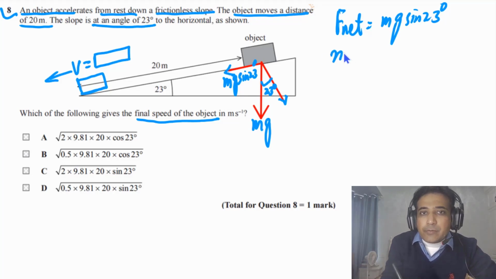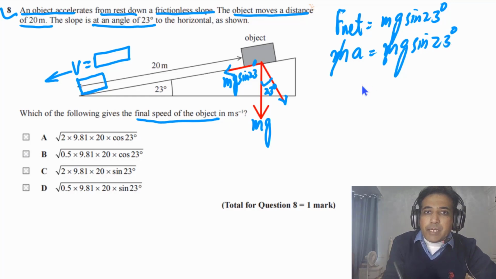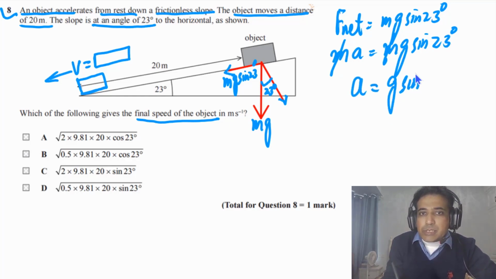So from here we can find the value of a. We can say ma is equal to mg sine of 23 degrees. We can cancel m with m, so a is equal to g sine of 23 degrees.